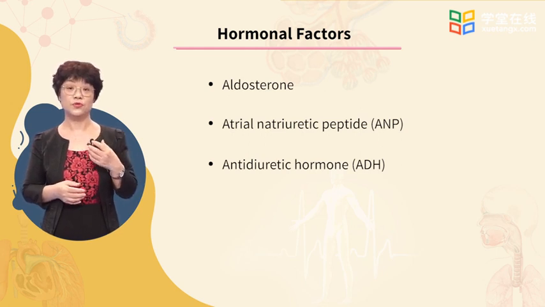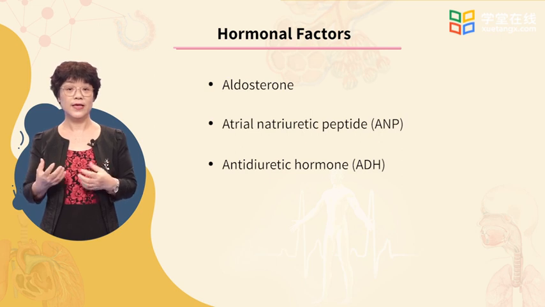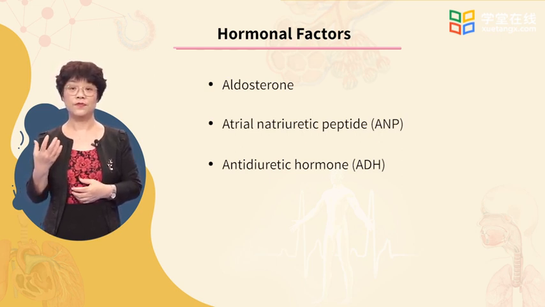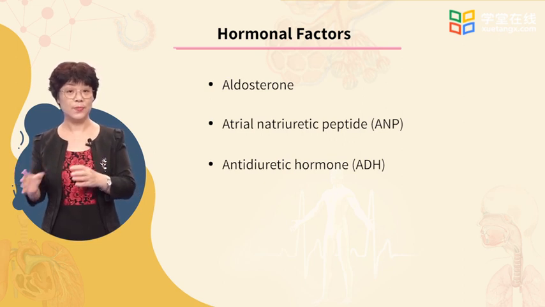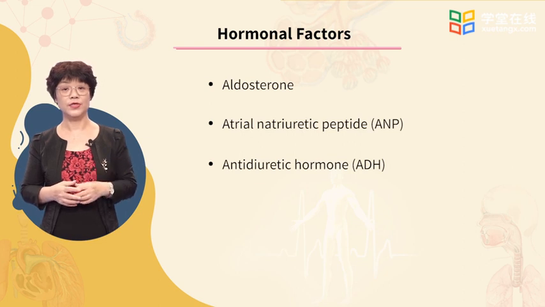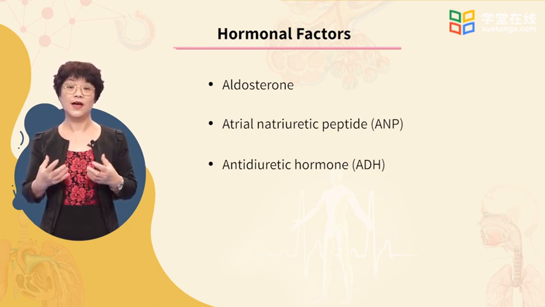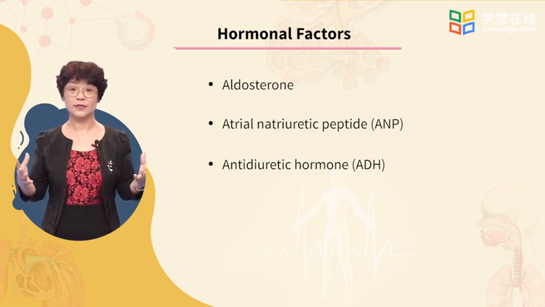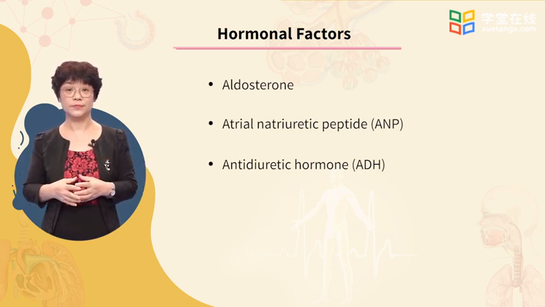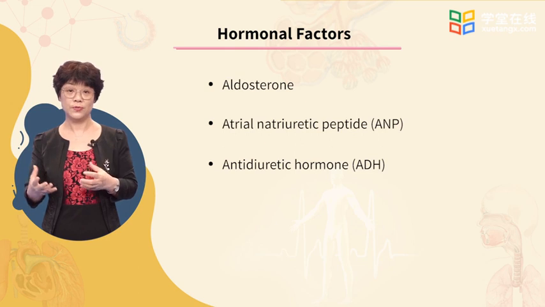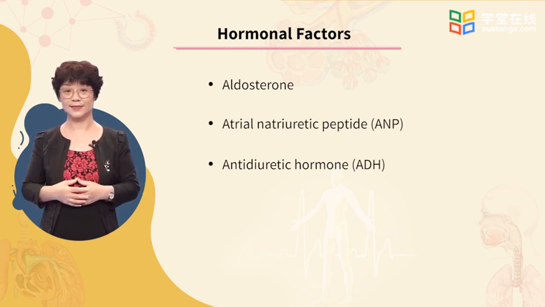Aldosterone from the adrenal cortex stimulates the reabsorption of sodium and water from the filtrate back to the blood. ANP is secreted by the atria of the heart when the atrial walls are stretched by high blood pressure or blood volume. ANP decreases sodium reabsorption in the kidneys.